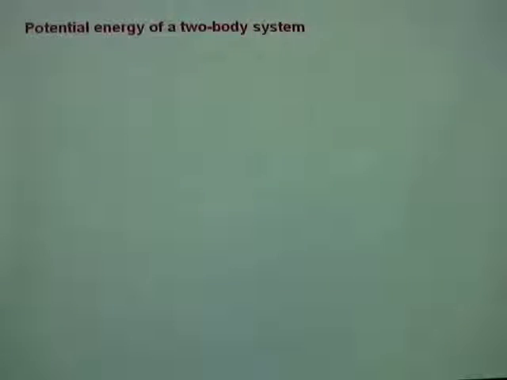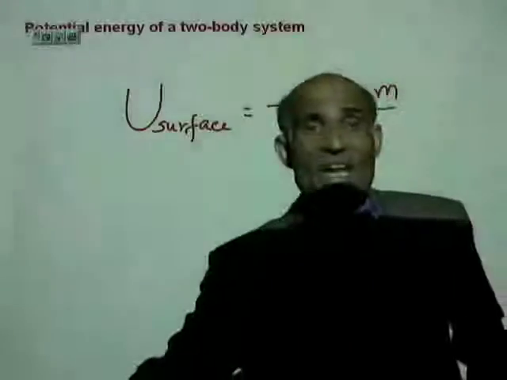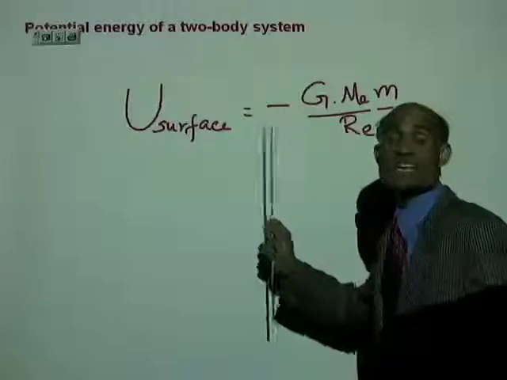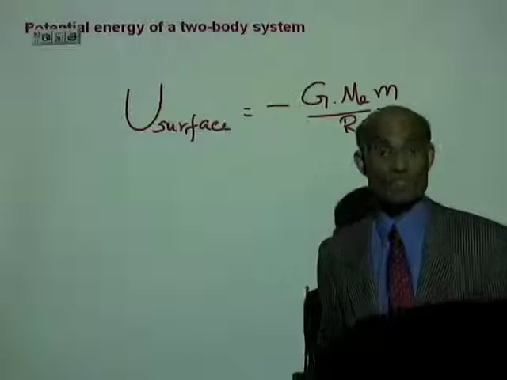You know potential energy is represented by U. So, the potential energy of an object placed on the surface of the Earth is U equals negative G times M_E times M divided by R_E. The potential energy is negative on the surface of the Earth. It has the least value on the surface of the Earth.